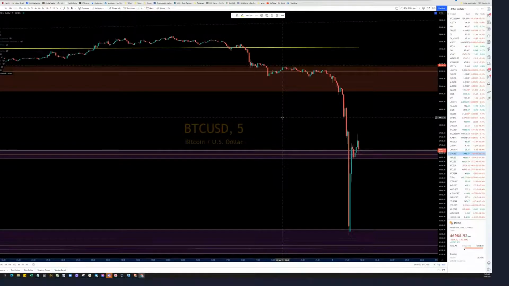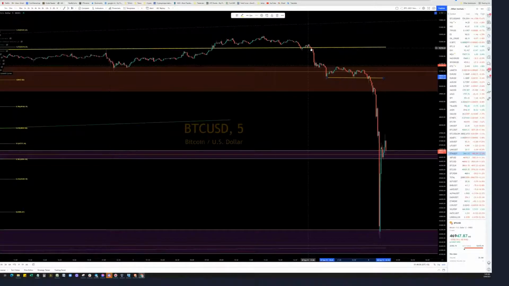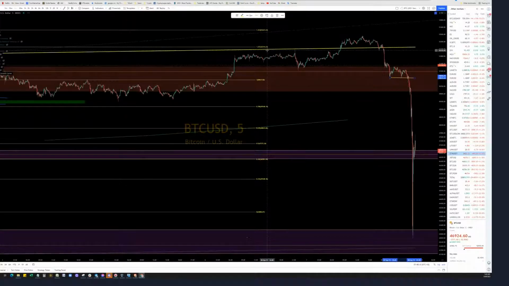Look at that bounce. So that was small time frame. If you were watching it, that was your exit strategy there. Obviously, that was the first one there. A little mini head and shoulders right there. That played out.